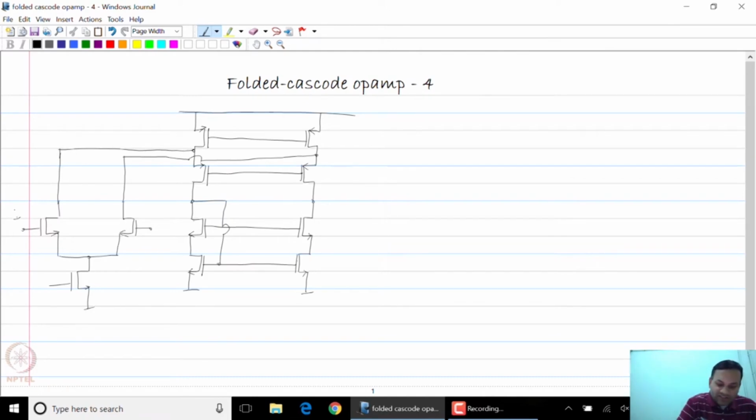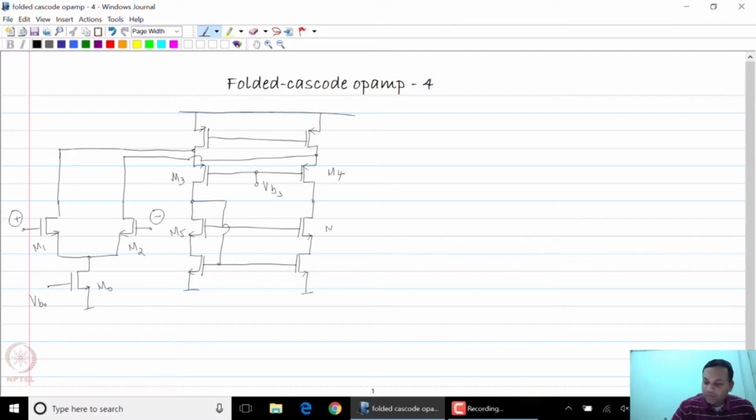So let us number the transistors. M1 and M2 are the input pair. M0 is the current source. M3 and M4 are the common gate transistors, so they have a gate bias voltage of VB3.